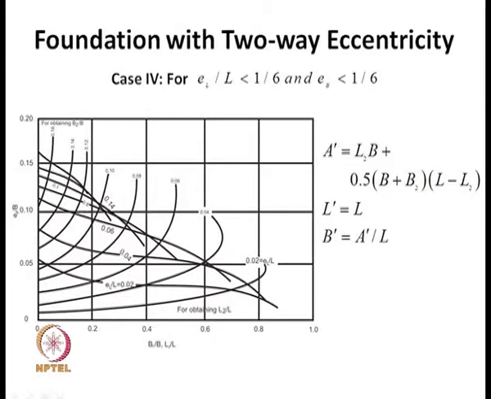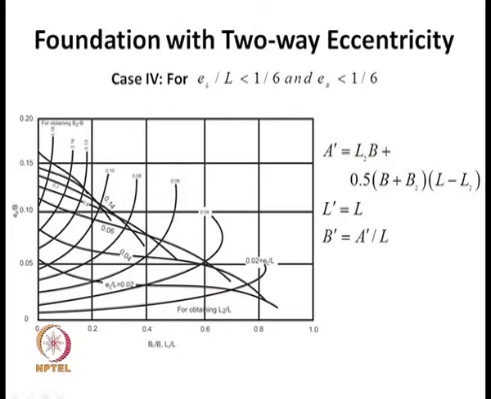Using this chart we can determine the value of L2/L, and using this one we can determine B2/B. Once we get B2/B and L2/L, as we know the L and B values, we can determine B2 and L2.